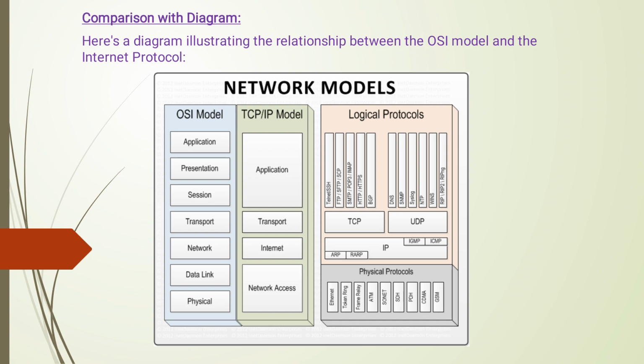And this is the comparison diagram illustrating the relationship between the OSI model and the Internet Protocol model. Here you can see the differences between the diagrams of the network models of the OSI model and the TCP/IP model.